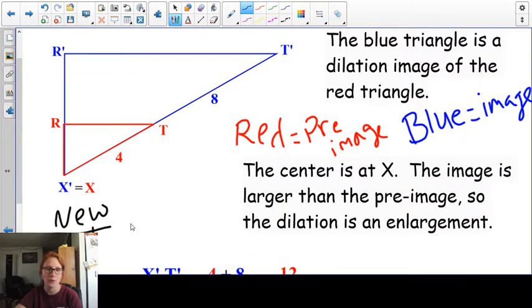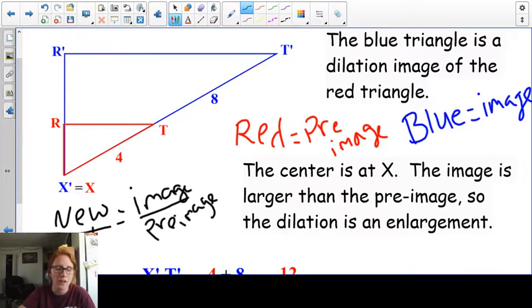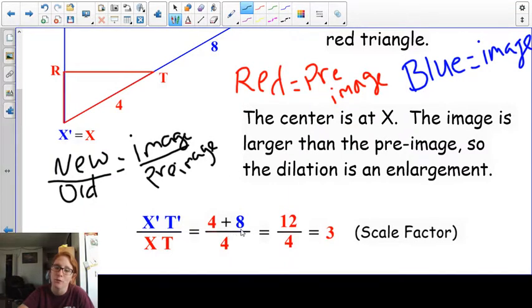So I'm going to have the new divided by the old, or let's use our math terminology, our image divided by our pre-image. If we take a look, our image is not just 8, because 8 is only from t to t prime. I want all the way from x prime to t prime. So that's actually 8 plus 4, which gives me 12.